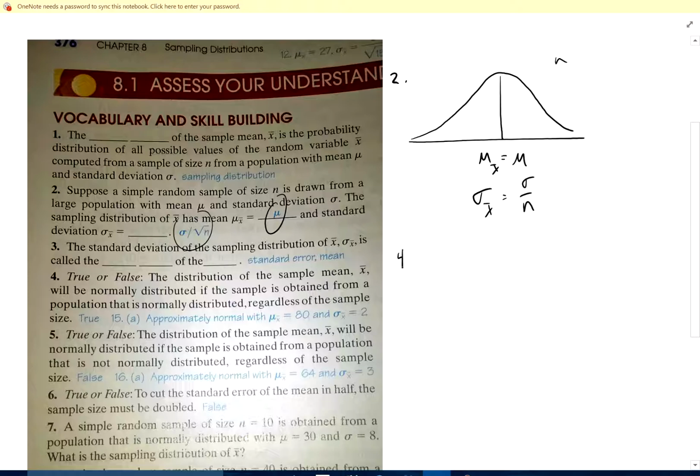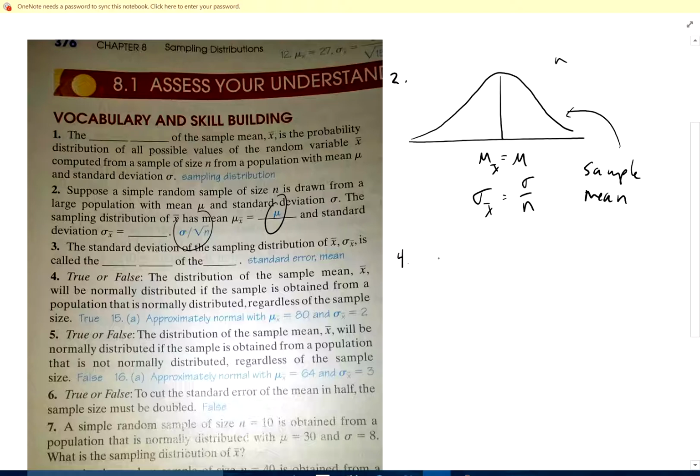Number 4. True or false? Is this distribution right here, the sample mean, going to be always normal? Or what are the conditions that it has to be normal?